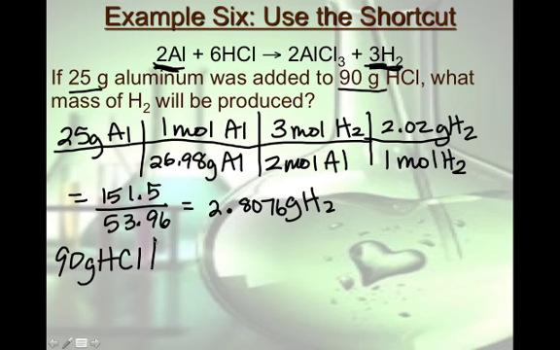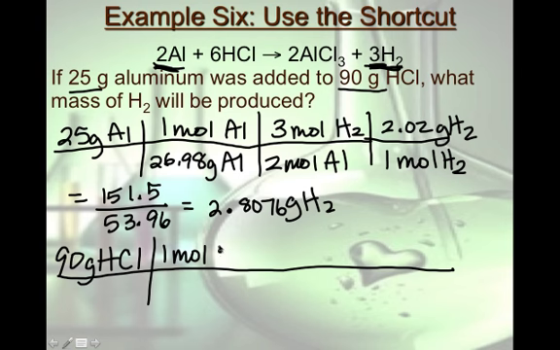So 90 grams of hydrochloric acid. How much hydrogen can we make from 90 grams of hydrochloric acid? So let's see, periodic table time. What's the mass of chlorine, please? 35.45. And hydrogen is 1.01, so we're up to 36.46, yeah?